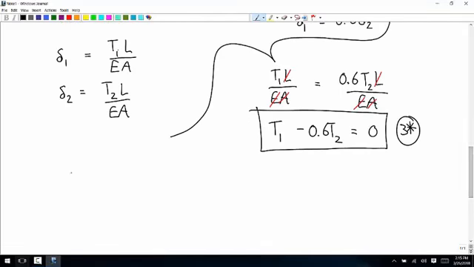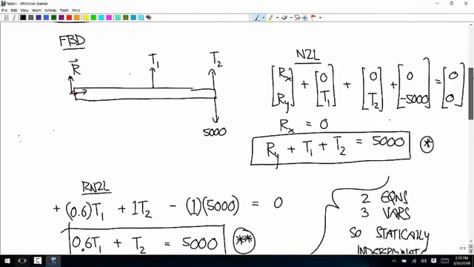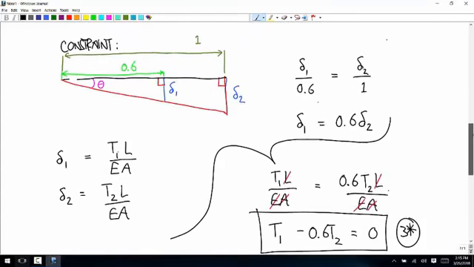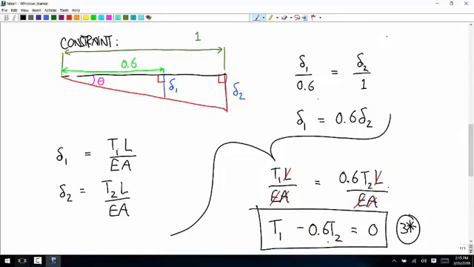Okay, so now we have 3 equations for 3 unknowns. And the variables are T1, T2, and RY. So I'll just substitute 0.6 T2 in for T1.